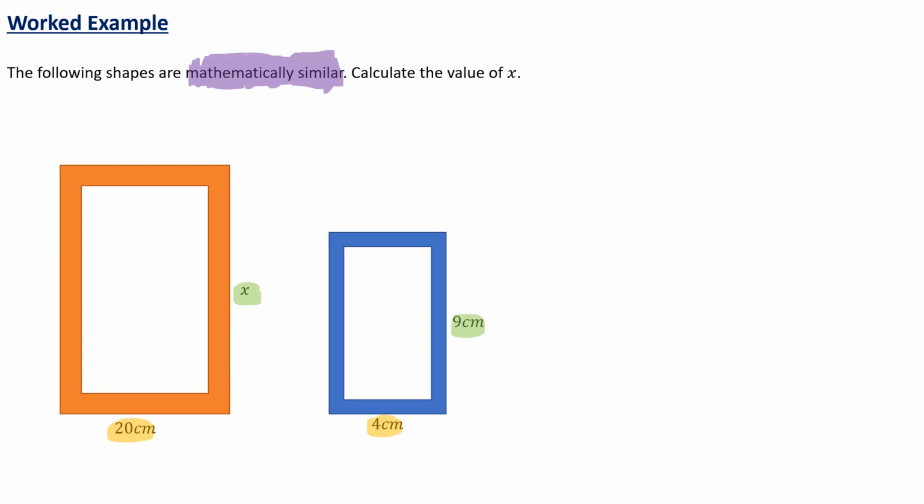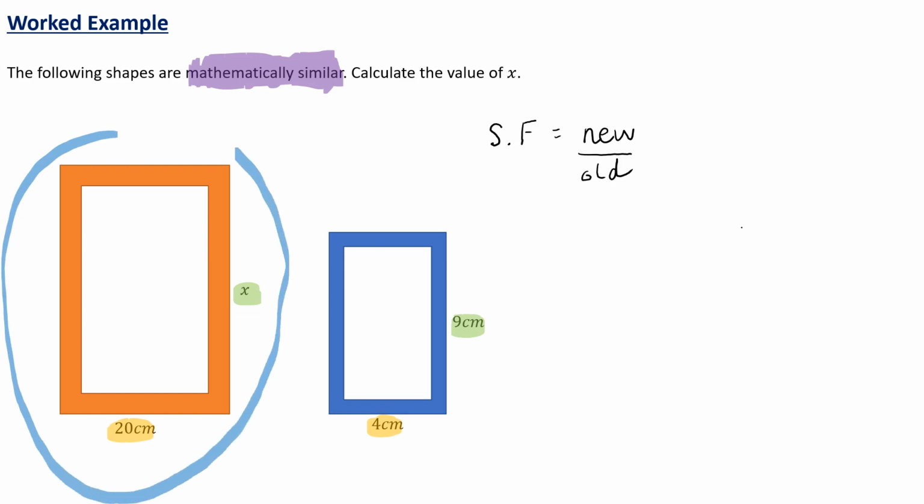Okay, so what we do is we write down our scale factor. SF is going to stand for scale factor. And how we're going to represent that scale factor is the new shape over the old shape. The new shape is the shape that has the unknown in it. So if I circle this in blue, this here is the new shape.